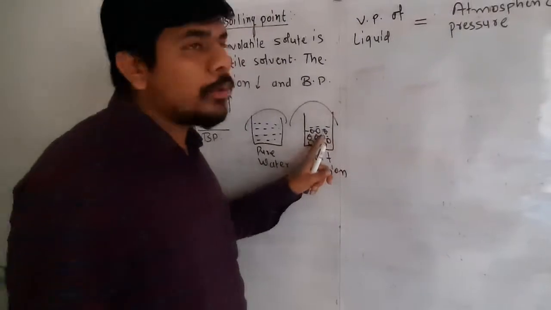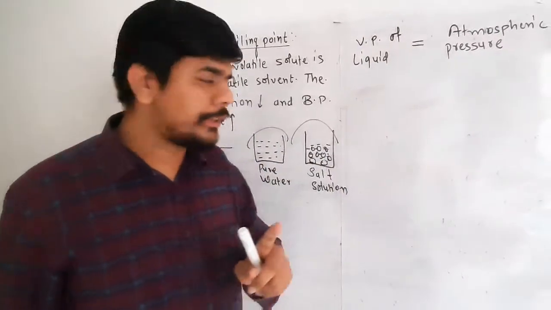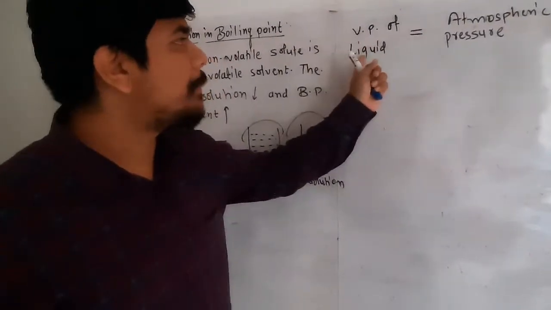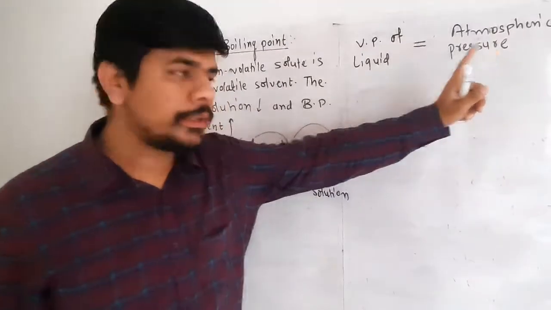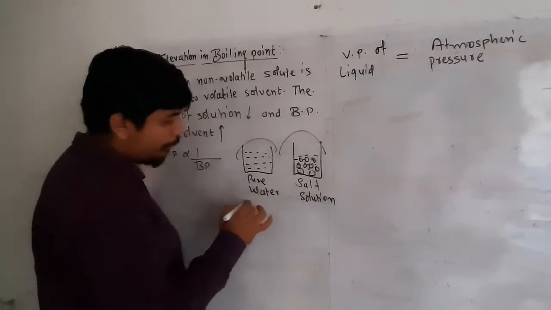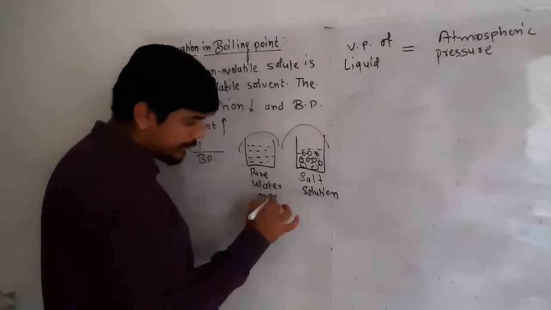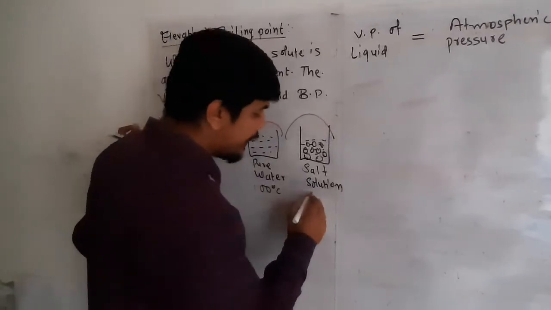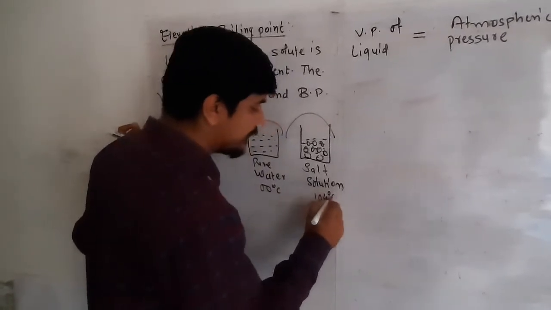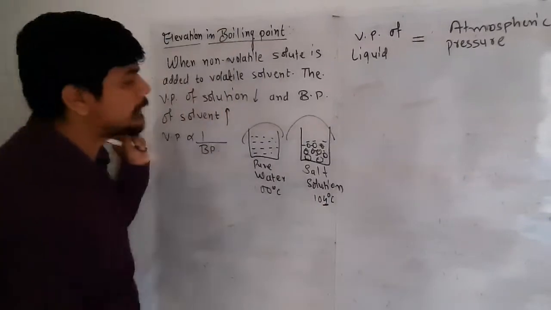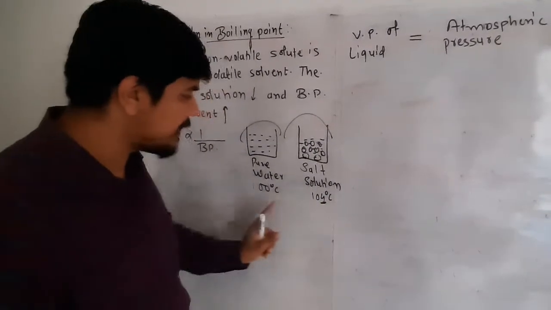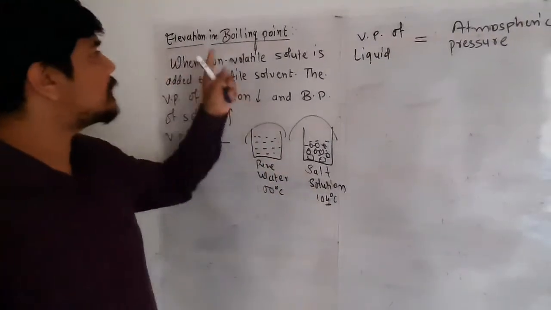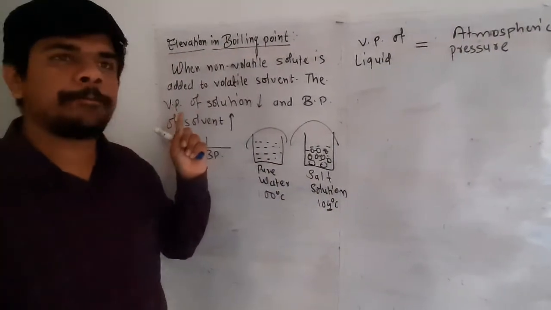So it requires more temperature and more heat energy to convert into vapor, or to raise its vapor pressure to the atmospheric pressure. If pure water boils at 100 degrees Celsius, the salt solution boils at 104 degrees Celsius. The temperature has increased by 4 degrees Celsius, so we can say that 4 degrees Celsius is the elevation in boiling point.